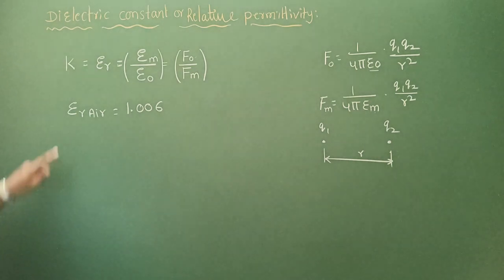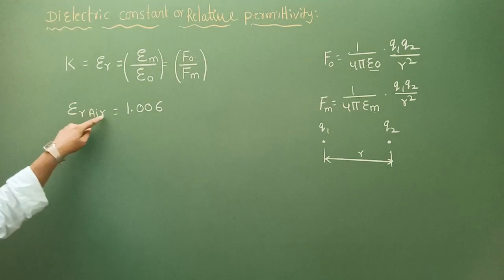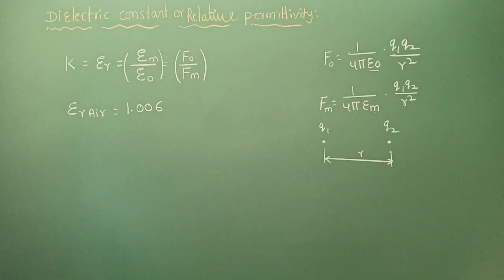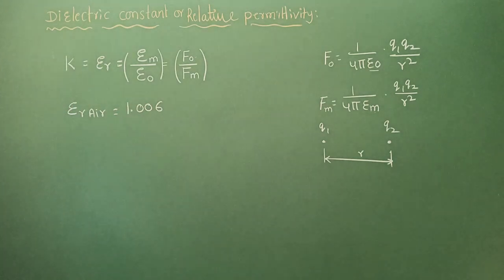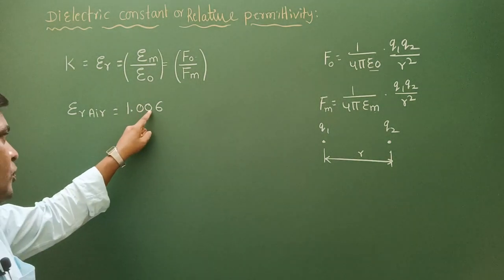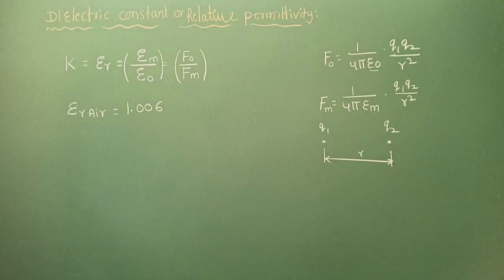That's why the relative permittivity of vacuum or air is approximately taken as 1, because the 0.006 is negligible.